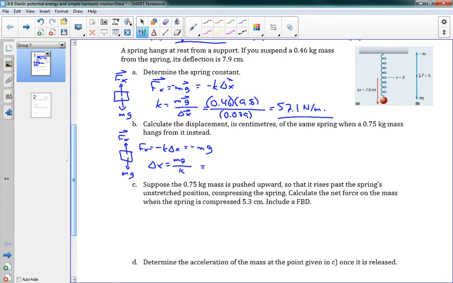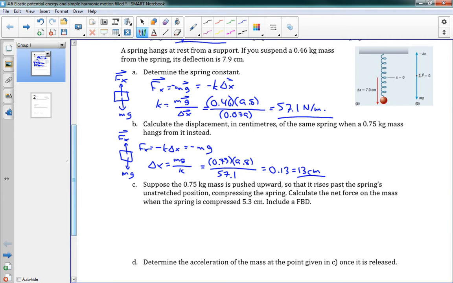And we'll use our mass, 0.75, times g, 9.8, over k, which we found in the last one was 57.1. And this now gives us a value of 0.13 meters. We were told to say in centimeters, so it's 13 centimeters.